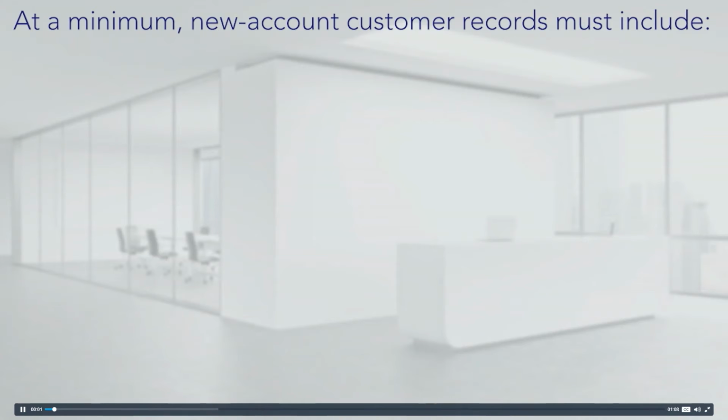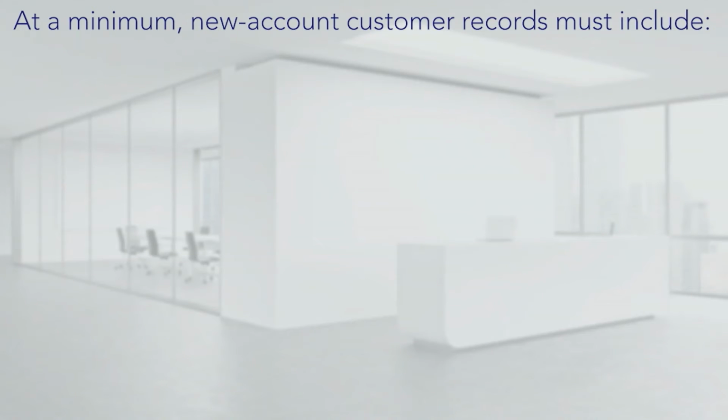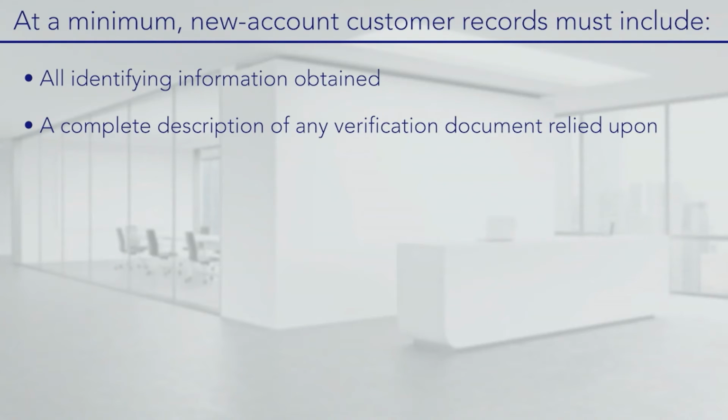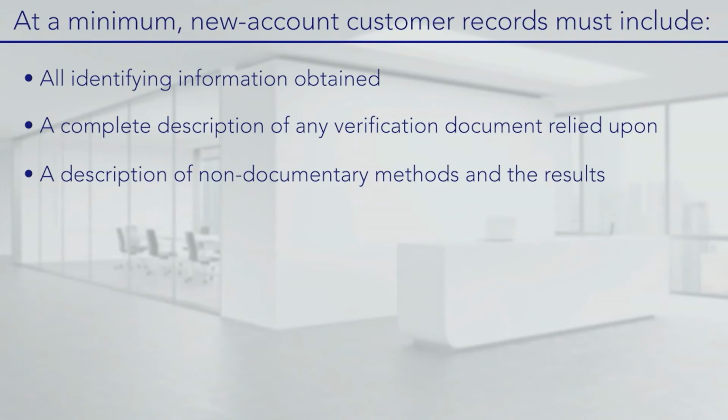At a minimum, the records concerning a customer must include all identifying information obtained about the customer, a description of any document relied upon for verification, noting the type and any identification number it contains, the place of issuance and, if any, the date of issuance and expiration date, a description of any non-documentary methods used and the results of these methods.